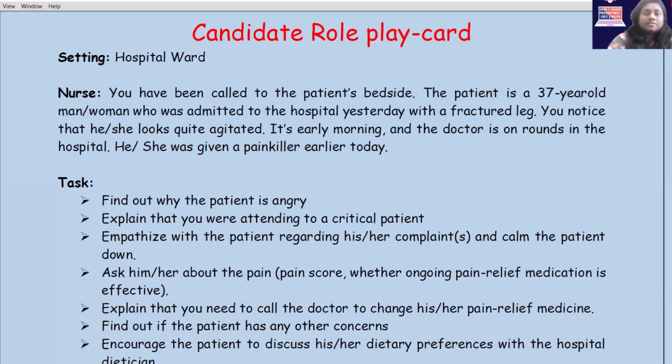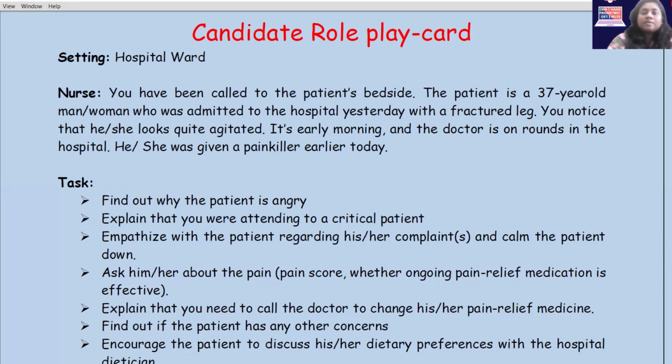You can start like, good morning, my name is, you can give your name. I am going to be taking care of you today. I see that you rang the buzzer. Or you can say, good morning, my name is so and so. I am the attending nurse on duty today. I see that you rang the nurse call button. Please let me know how I may assist you.